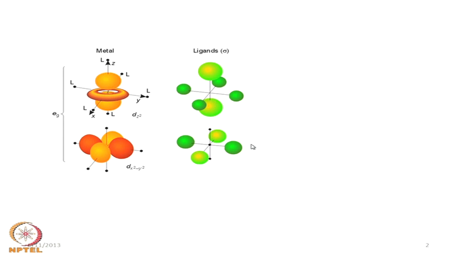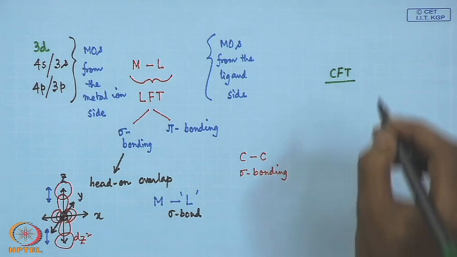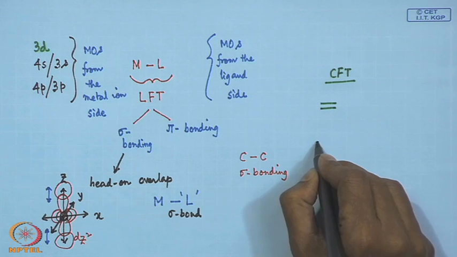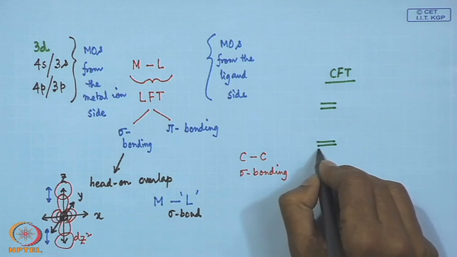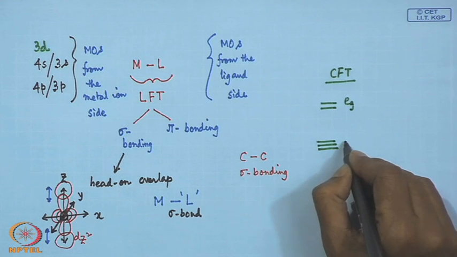Then the other group of orbitals is the availability of these two orbitals which we have seen in crystal field theory, dz square and dx square minus y square. What we have seen in CFT is that we have these two levels, the Eg and the T2g set of orbitals.